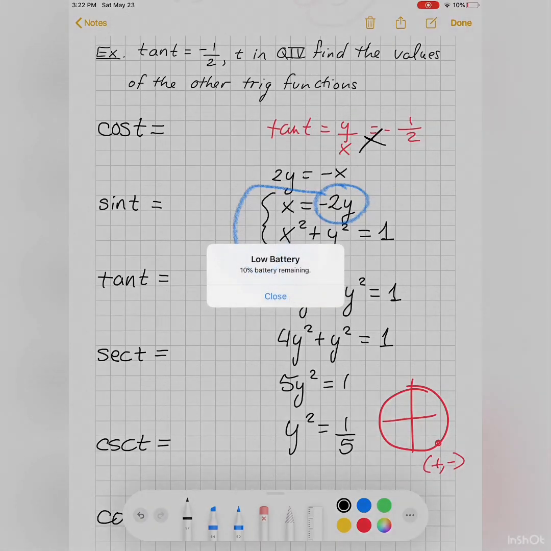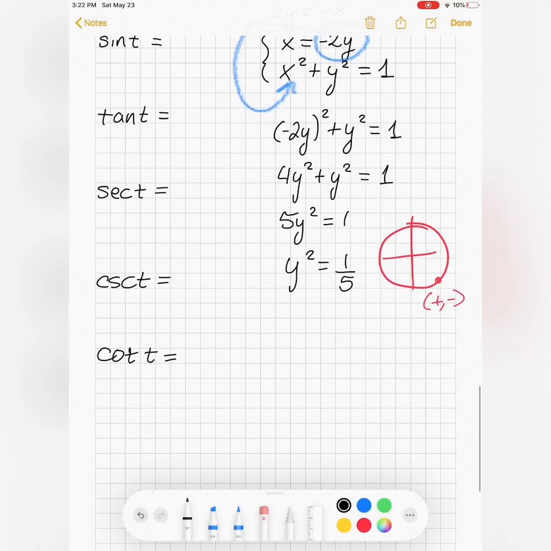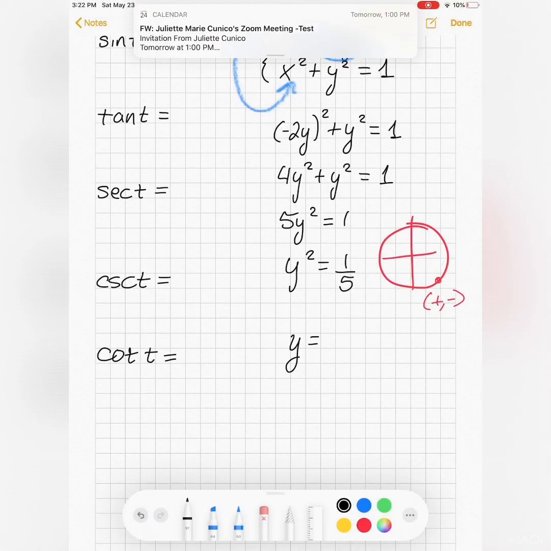Divide. Take the square root. Rationalize.